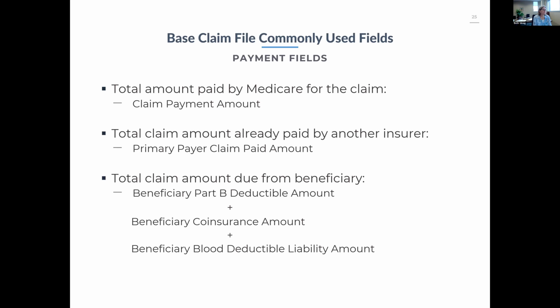That one is not as obvious, is not often seen, and people will often forget to include it or decide it doesn't matter. But just to be complete, the blood deductible is there as well. And so if you're a person who cares about understanding why somebody is paid and wants to go deep into the incentives, you might want to make sure you don't miss that one as well.